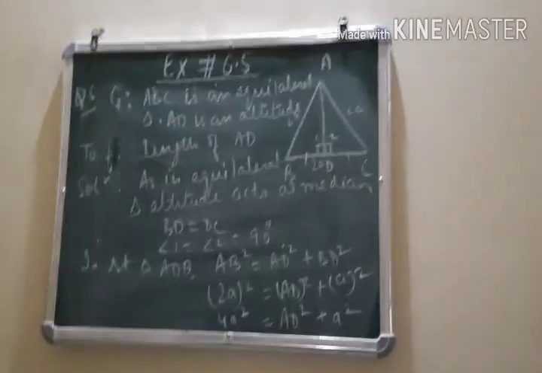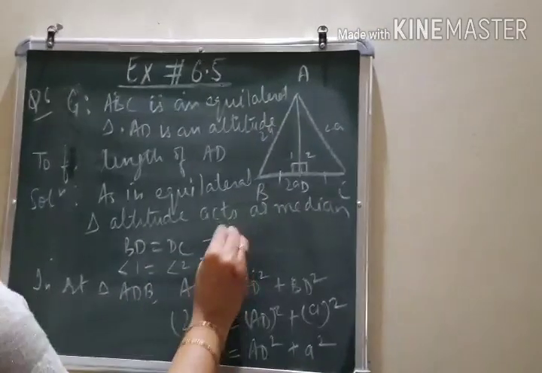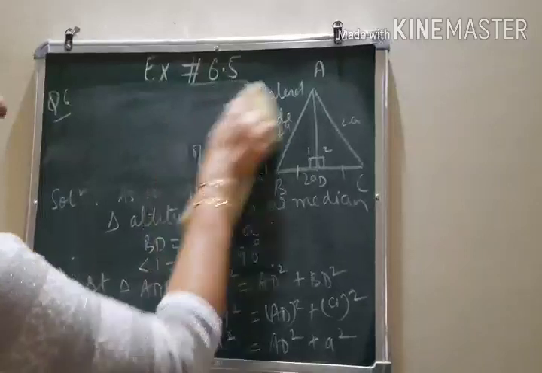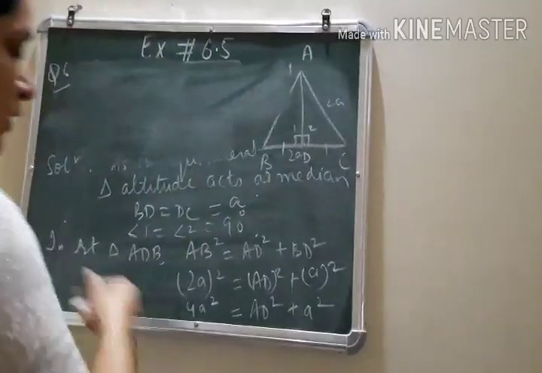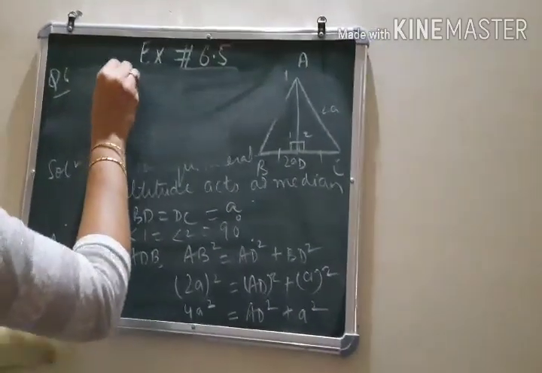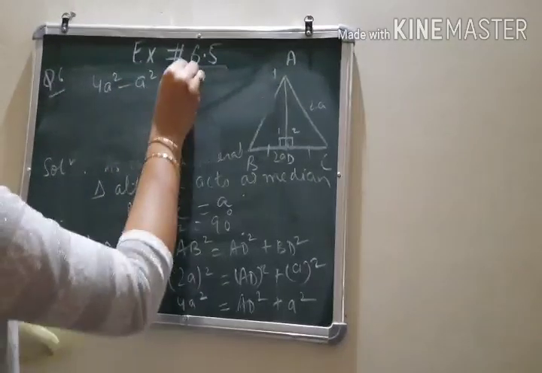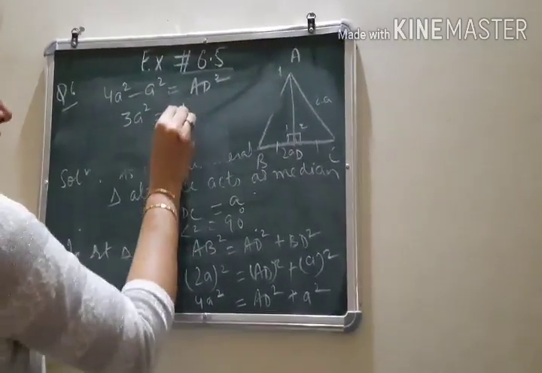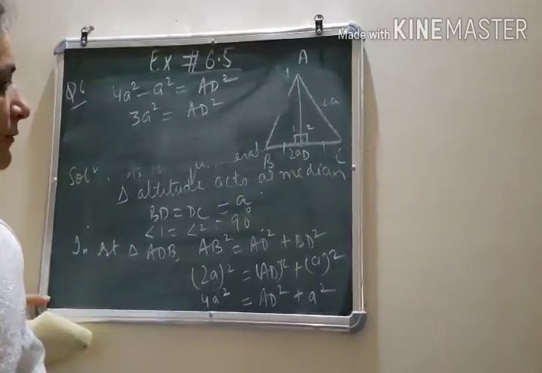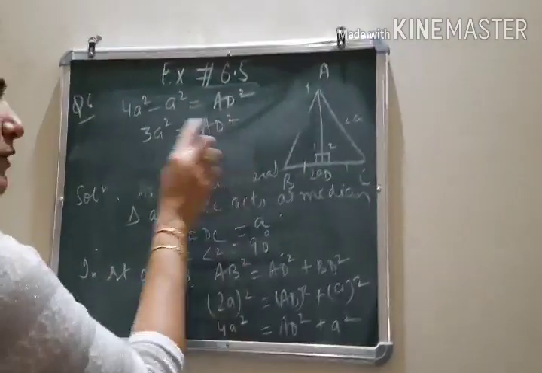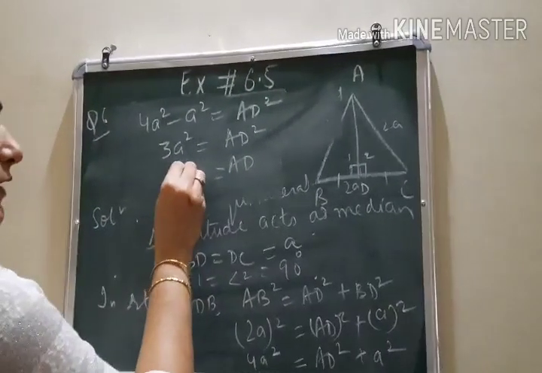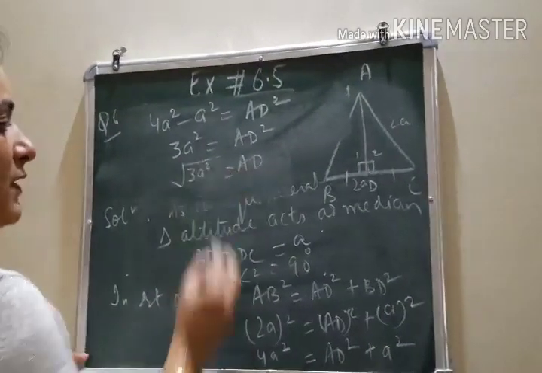Now solve it further and you will get the answer. So 4A square minus A square is equal to AD square. What is 4A square minus A square? It is 3A square. Now to remove the square from this side, you have to take the square root of 3A square.